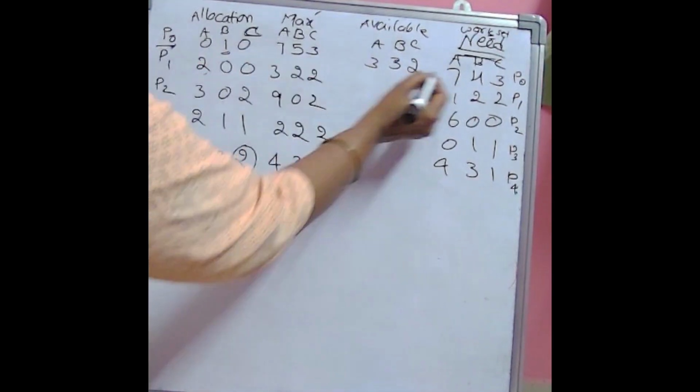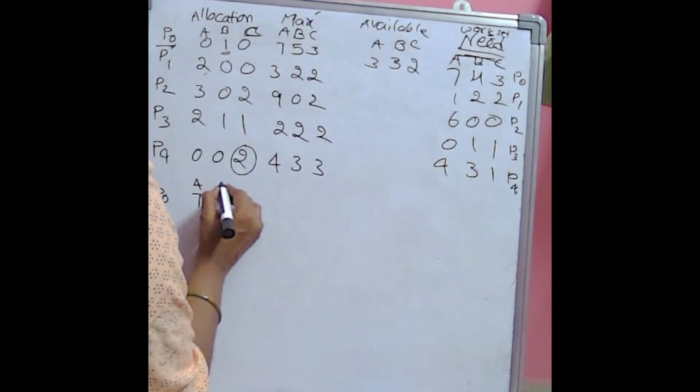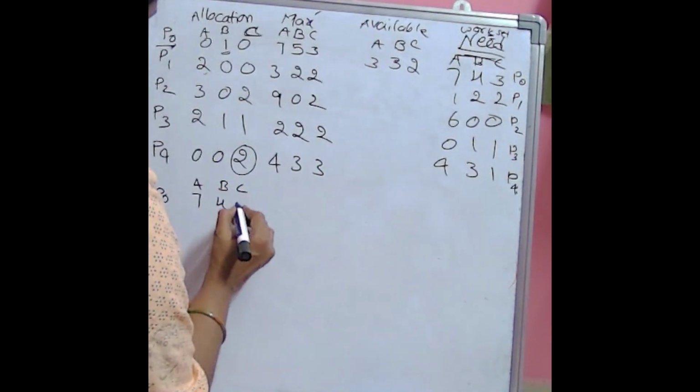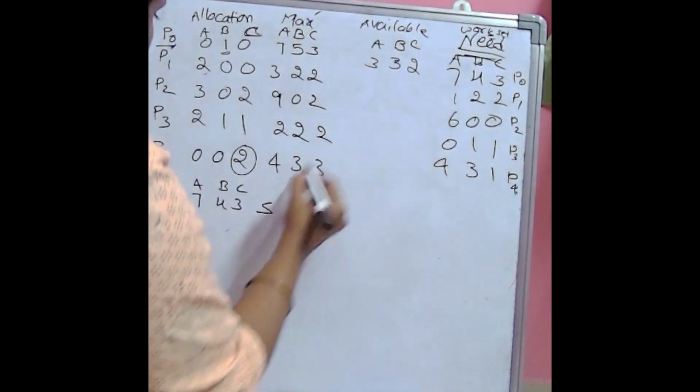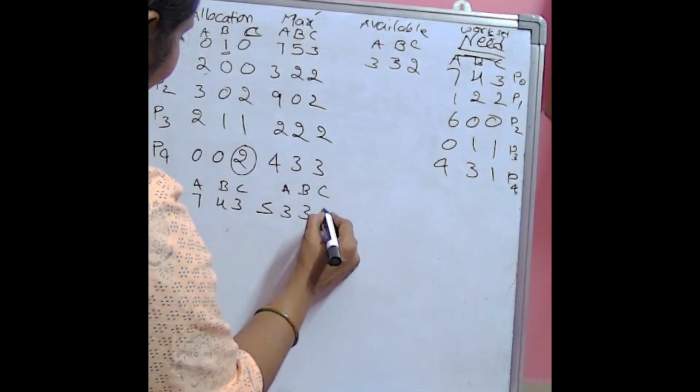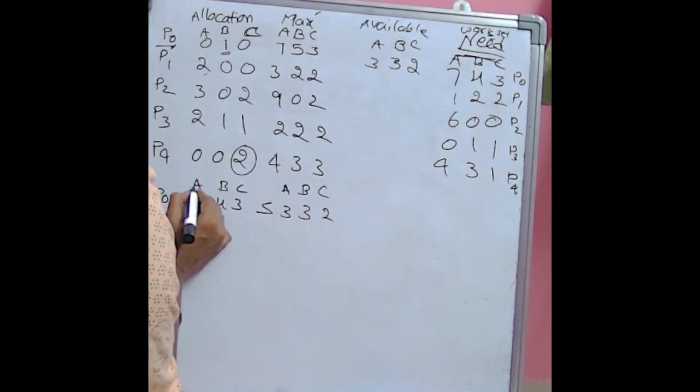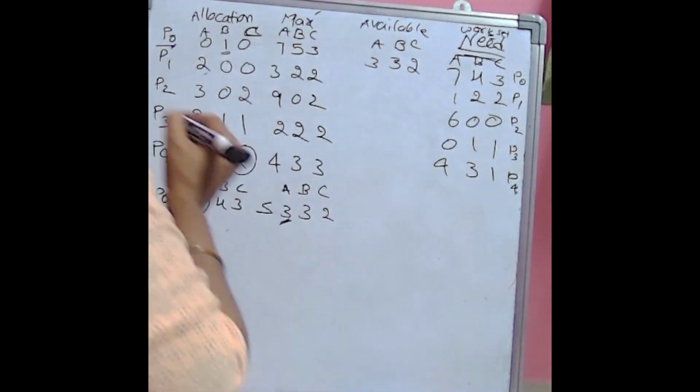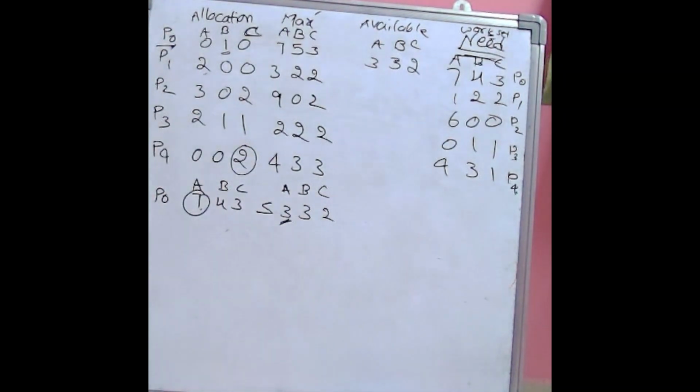To complete its execution, P0 requires 7 of A type, 4 of B type, and 3 of C type. Does the available system satisfy its request or not? It requires 7 of A type resources, but the system has only 3. The operating system is not able to allocate those resources to P0.